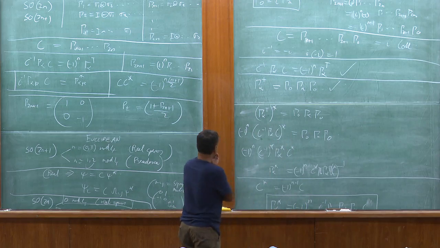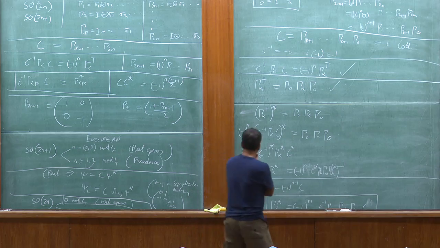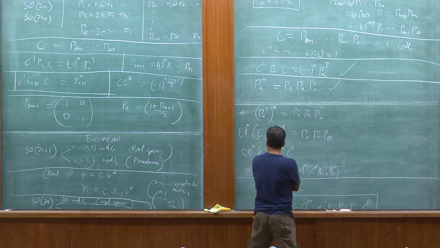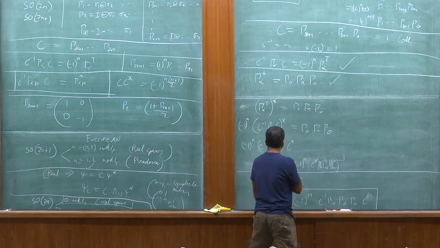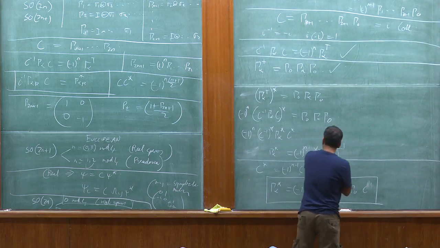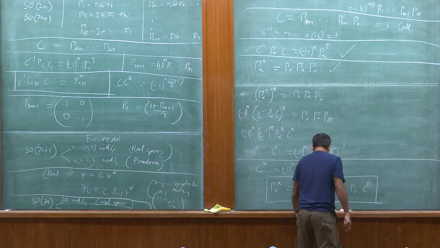You have to multiply by C on the left to get rid of the C inverse, and on the right it has to be C inverse. So you eventually have to use that relation, C inverse is C times some.